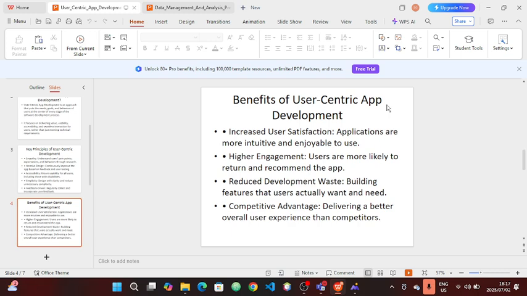You must build an app where a lot of users might actually use yours, or maybe recommend it over other apps. So it's competitively advantageous. Those are the benefits of user-centric app development.